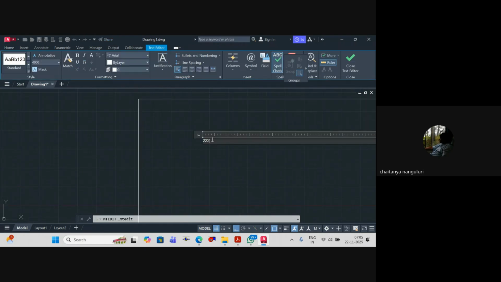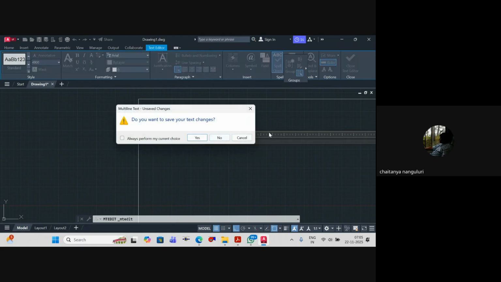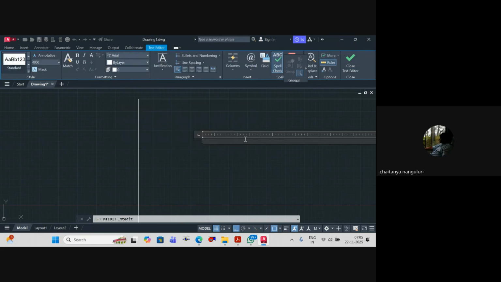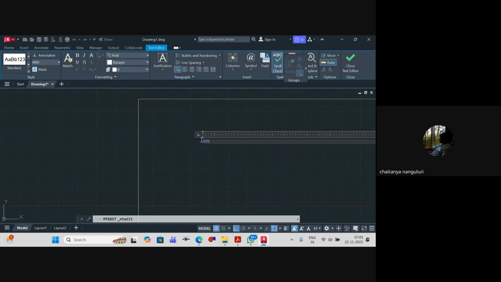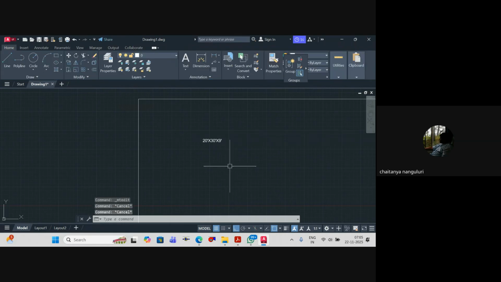Let's say I've got a room space of 20 feet by 30 feet by a height of, for example, 9 feet, up to the false ceiling. So this is the room space.